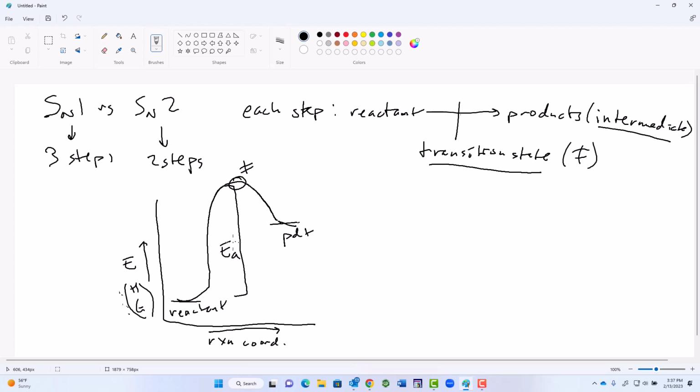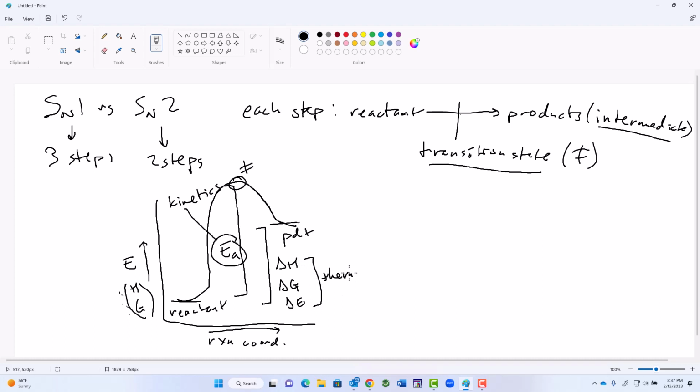And then, so EA, or activation energy, this is governed by kinetics. And then our energy here, this is our delta H, or our delta G, or a delta E. This is our thermodynamically governed space.